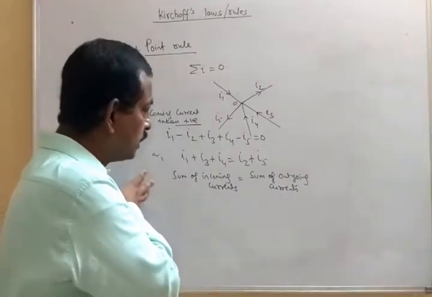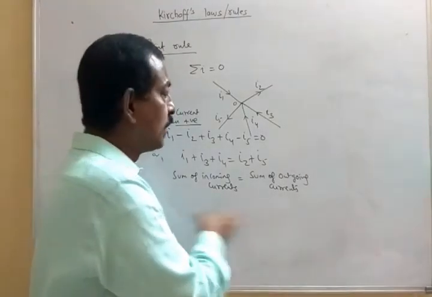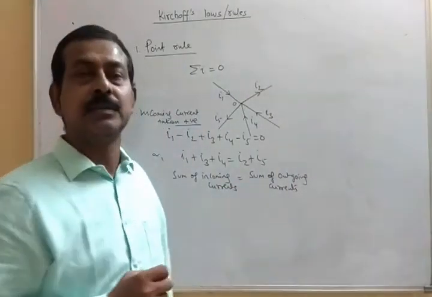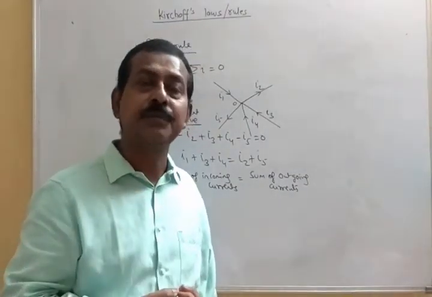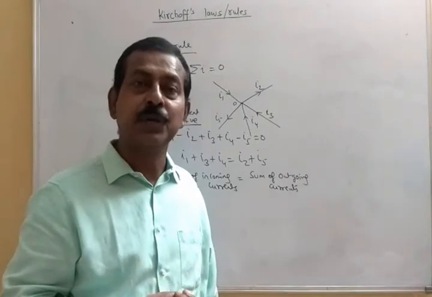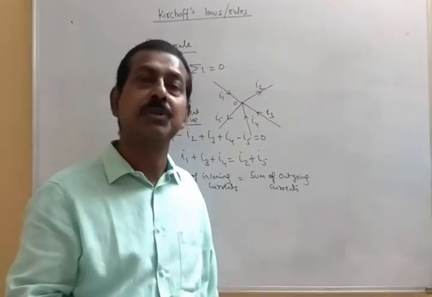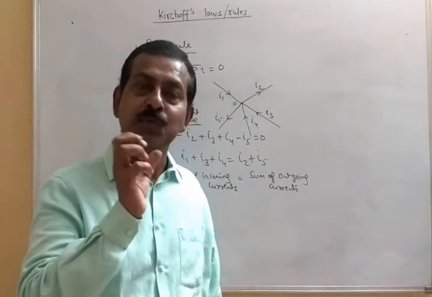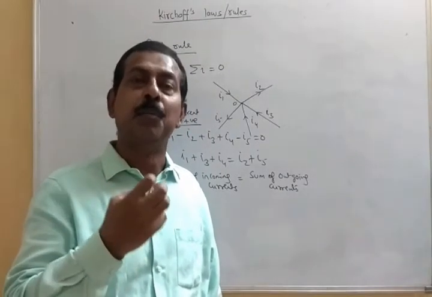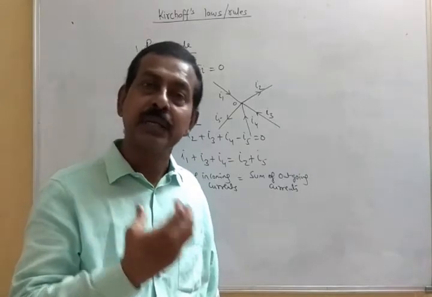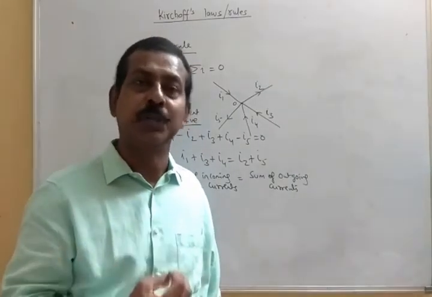Similarly, if the incoming current is more and the outgoing current is less, some charges are getting destroyed or vanishing from that point. That will also violate the law. That is why the sum of incoming current at a point must equal the sum of outgoing current. This is your point rule.